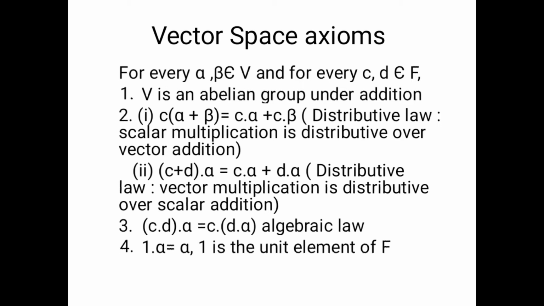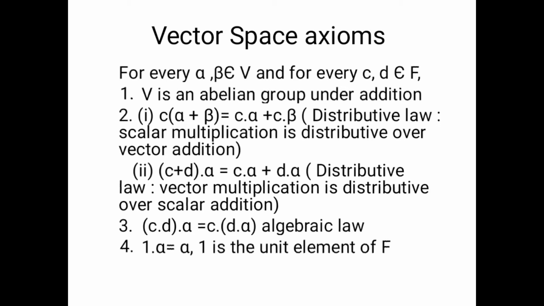For any three elements in V, alpha, beta, gamma, alpha plus beta plus gamma is equal to alpha plus beta plus gamma. And if you take another element, the null vector or zero vector, simply denoted by 0, then 0 plus alpha is equal to alpha plus 0, which is equal to alpha itself. So 0 is the identity element of V.